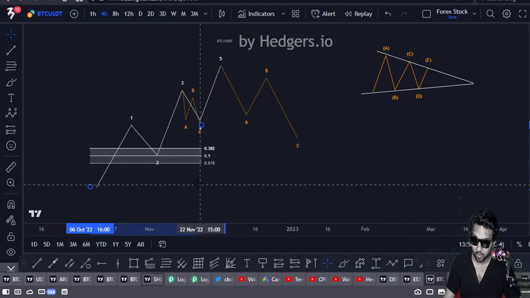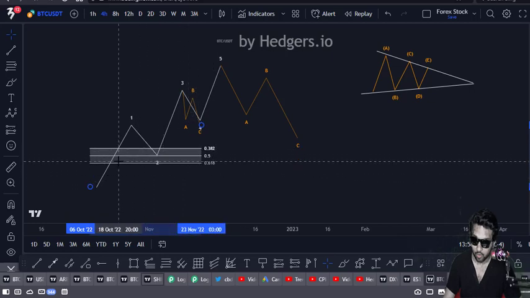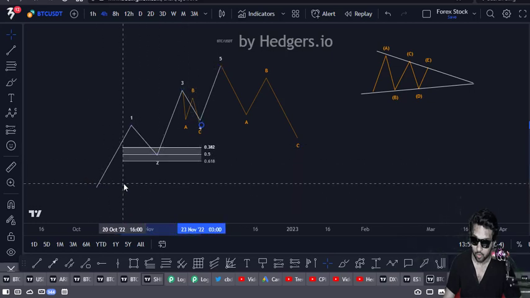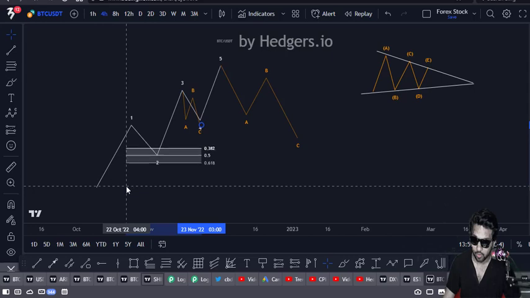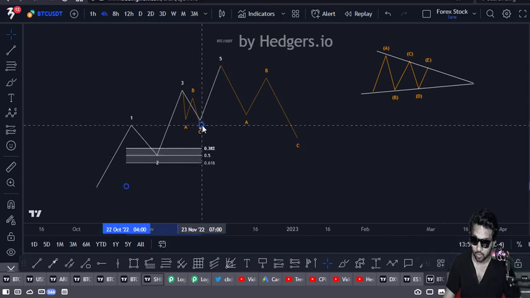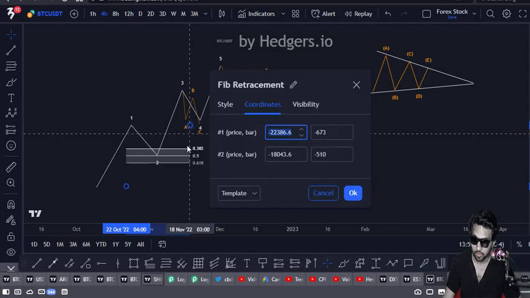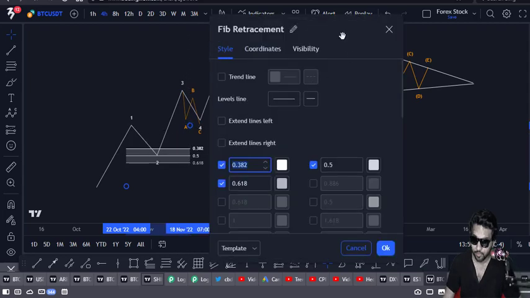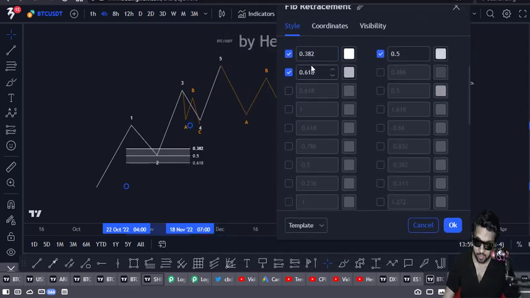Now you see the Fibonacci retracement for wave 2 is based on these ratios: 0.382, 0.5 and 0.618. These are the most important Fibonacci ratios for the wave 2 corrective wave. It consists of ABC. Okay.